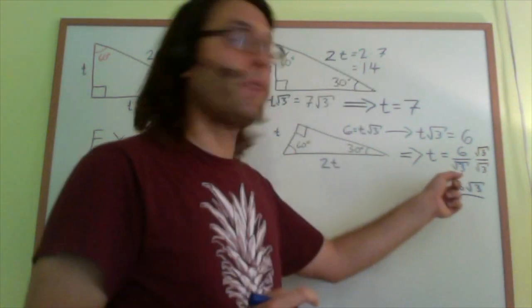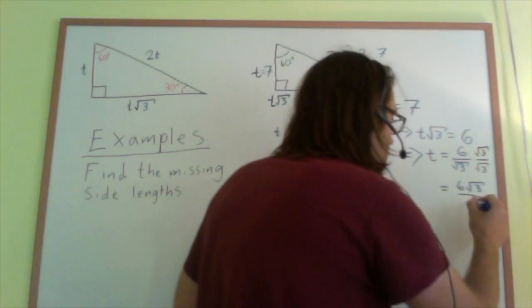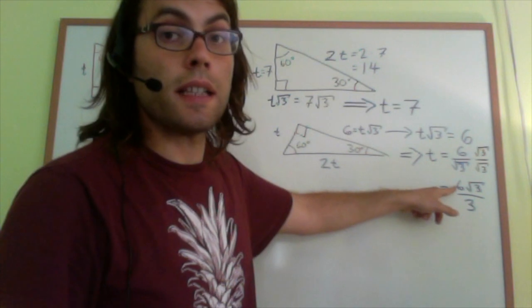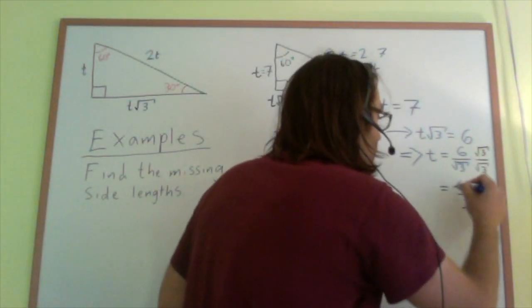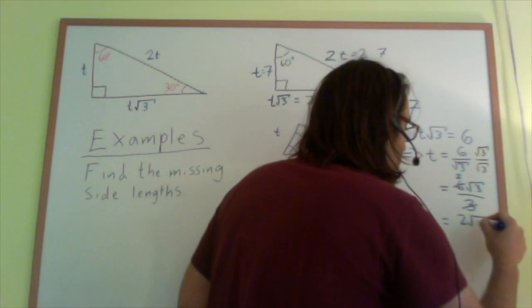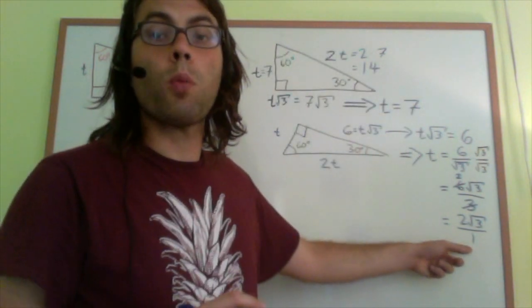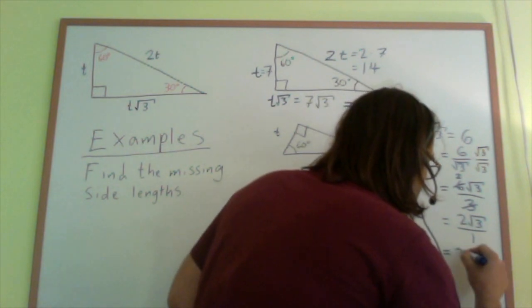And then by design, root 3 times root 3 is 3, which is a rational number. But then since 6 is 3 times 2, we have cancellation here, and we're left with a 2 here. We have 2 root 3 over 1. And of course, any number divided by 1 is simply that number, so this is 2 root 3.